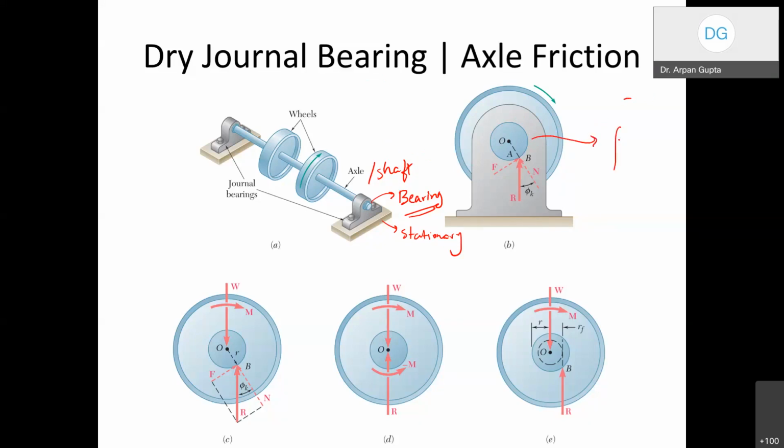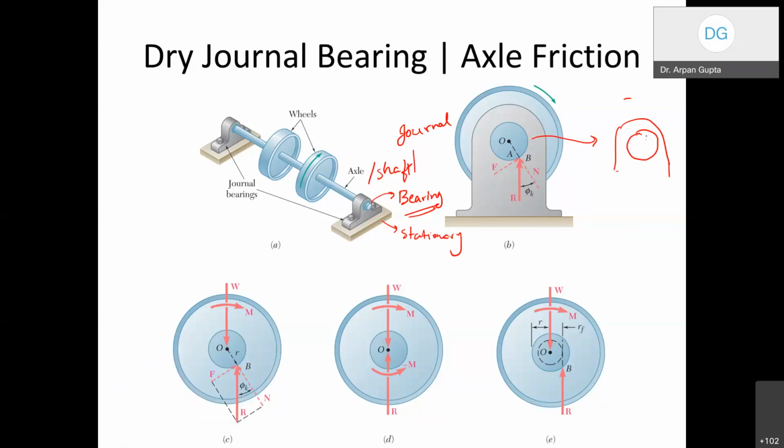Now you have this outer casing, and the shaft is also called the journal. So this inside is the journal, and it is rotating in this bearing.